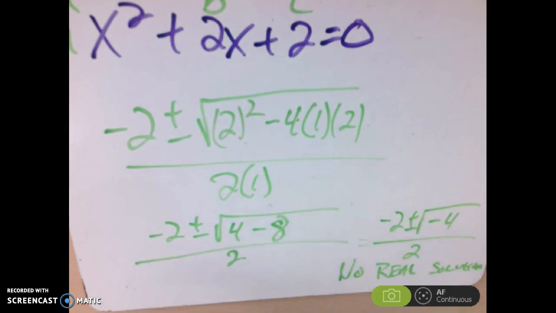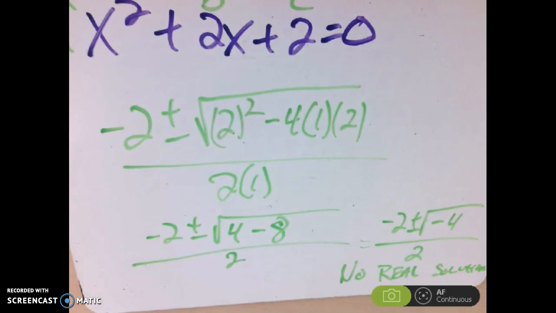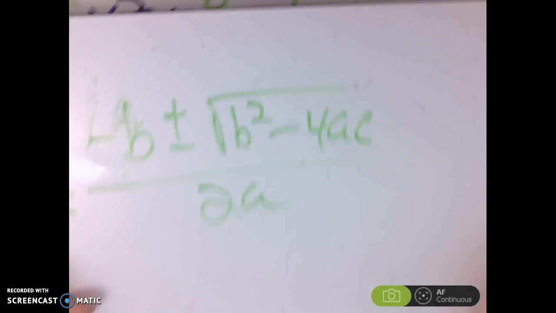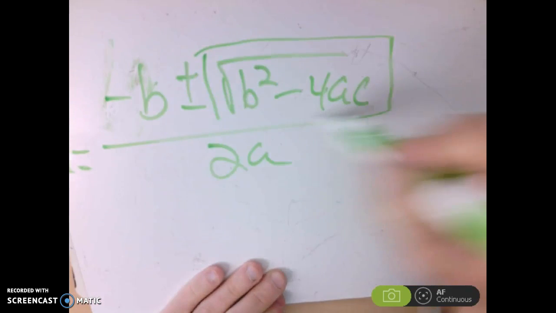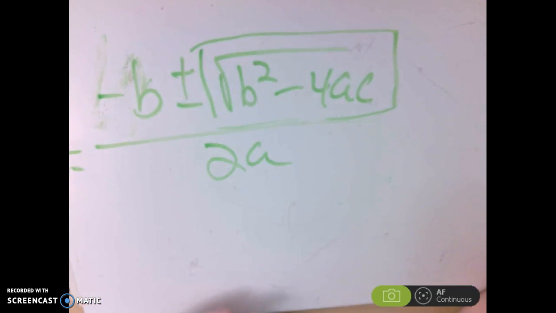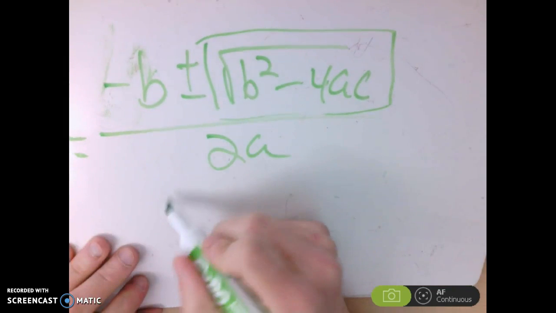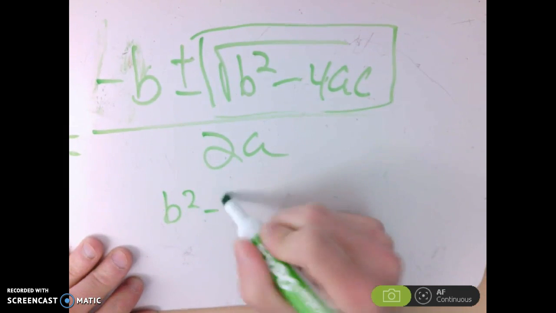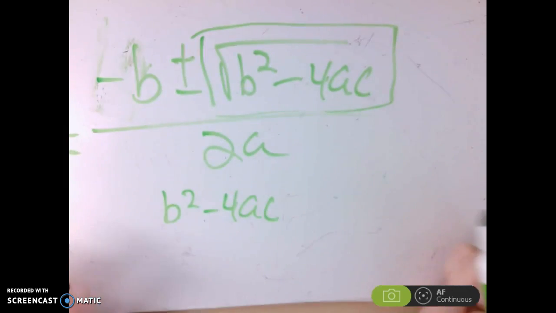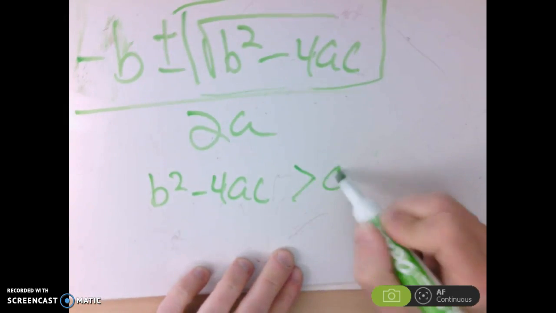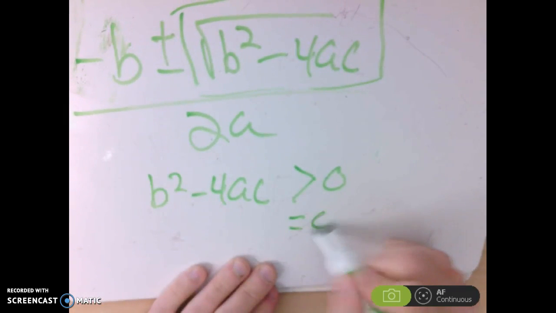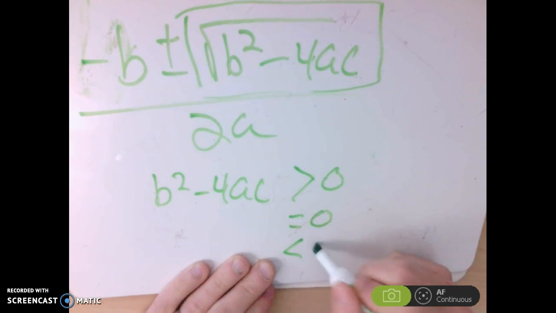Okay, and we could have found that out by looking at our quadratic formula again. If you remember, this part right here, well, it's really the stuff inside the square root, is called the discriminant. So we know that b squared minus 4ac, we know that there are 3 cases. It could be greater than 0, it could be equal to 0, or it could be less than 0.